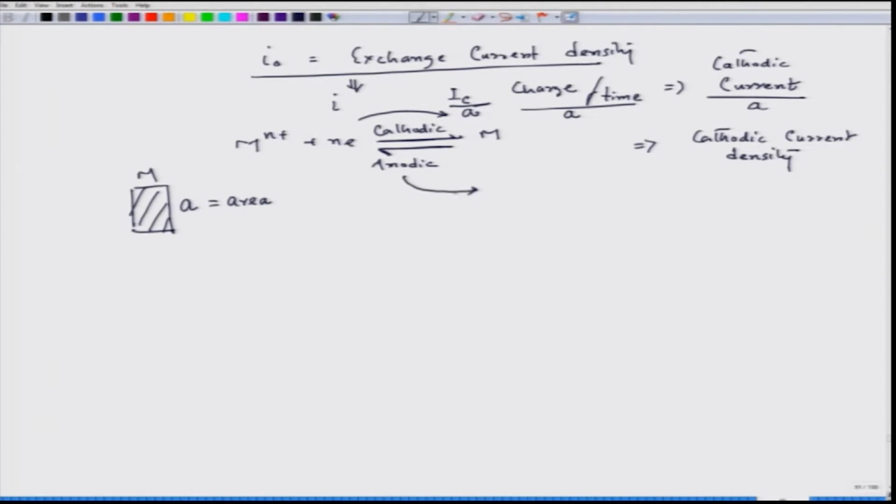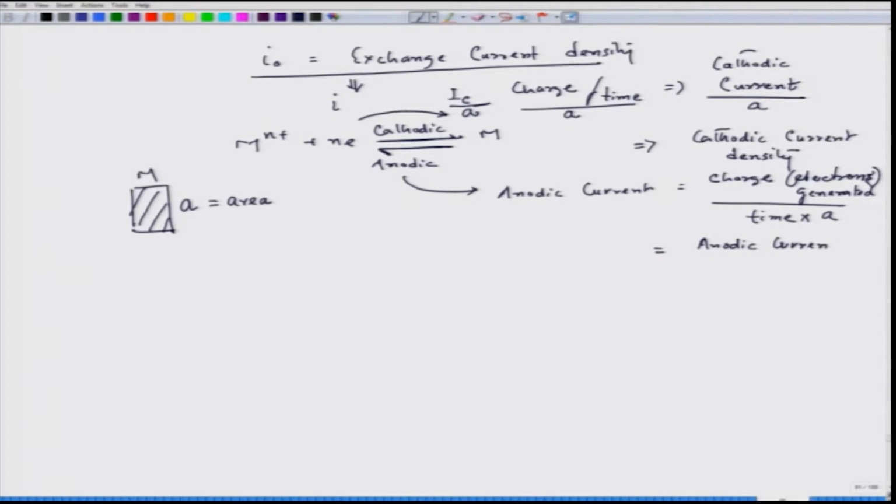Similarly, on the anodic side, we get the anodic current, or the charge in the form of electrons generated divided by time, and then if I divide it by the area of the anodic surface, we get the anodic current density.